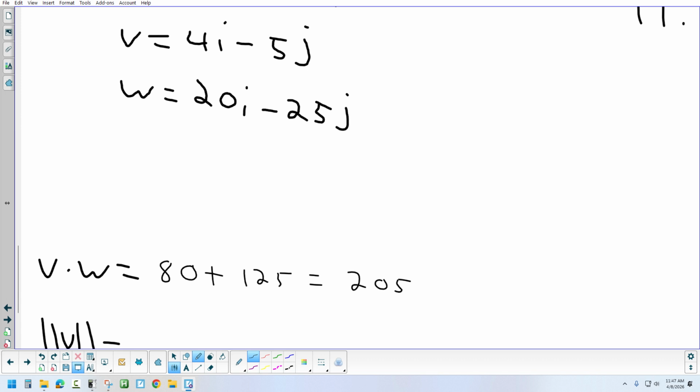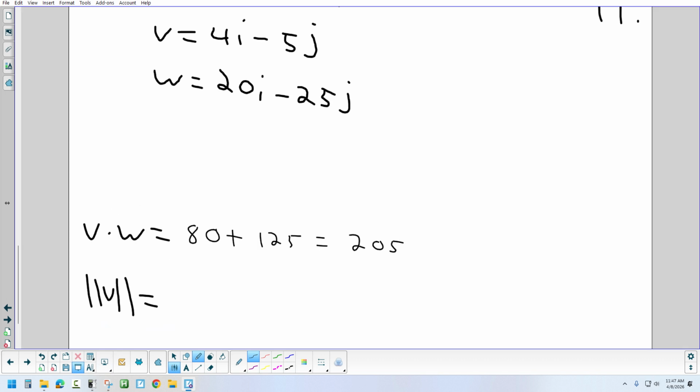Okay. Magnitude of V. What's going to be the two numbers I add up under the square root to find the magnitude of V? Okay. Would be 4 squared plus negative 5 squared.